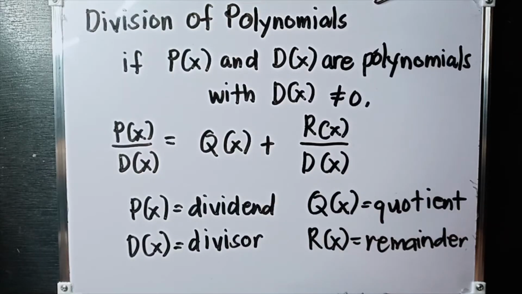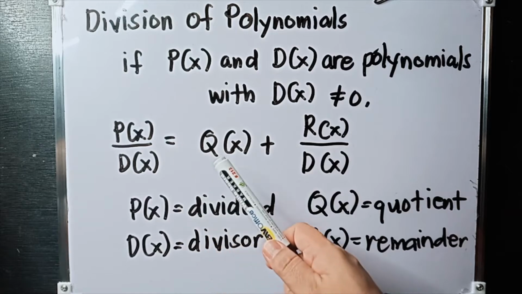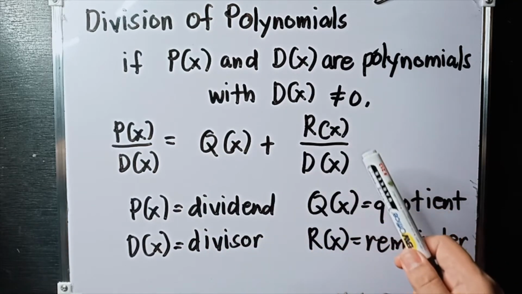In the division of polynomials, if p of x and d of x are polynomials, with d of x not equal to 0, then we can write p of x over d of x equals q of x plus r of x over d of x.